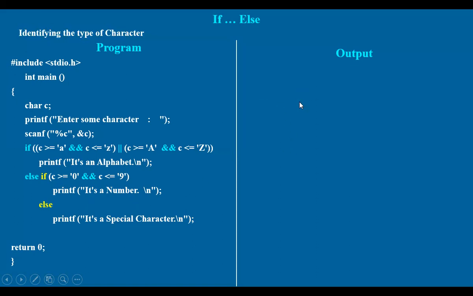Yes. Now, suppose we have entered some character, not an alphabet, not even a number, an ampersand. Now, both these statements have come false. So, else, it has no other option but to say that it is a special character.